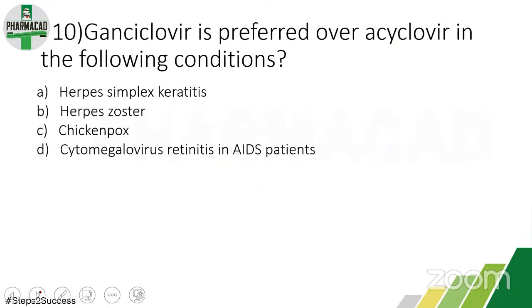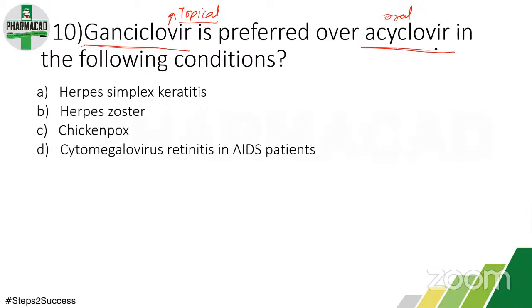Next question. Ganciclovir is preferred over acyclovir in the following conditions. Topical ganciclovir appears to be more effective than oral acyclovir. So the route of administration of ganciclovir is topical, whereas the route of administration of acyclovir is oral.